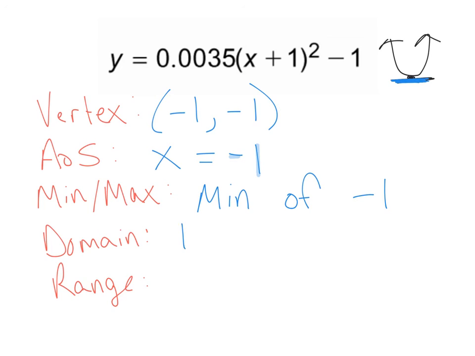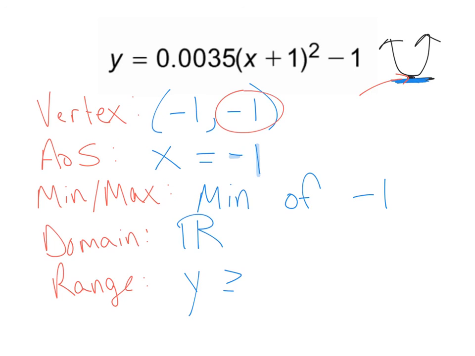The domain, you don't even have to think about it. It's all real numbers because it continues left and right. The range is what y values do we need. Now, does this graph open up or down? It opens up. So that means we need y values greater than or equal to something. And to figure out that number, we need to know what is the lowest point. So what is the vertex?